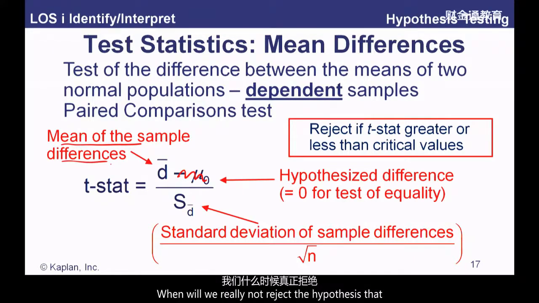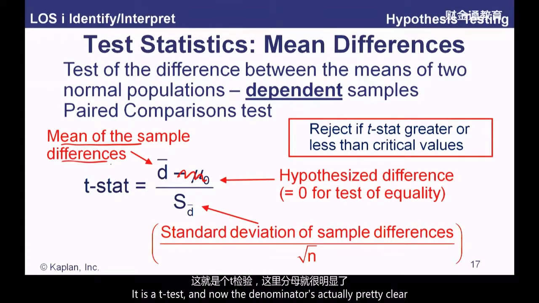Well, when would we really not reject the hypothesis that the returns are equal? Well, if that mean of all the differences was 0, we'd be hard-pressed to claim that the difference was anything other than 0. It is a t-test, and now the denominator is actually pretty clear.